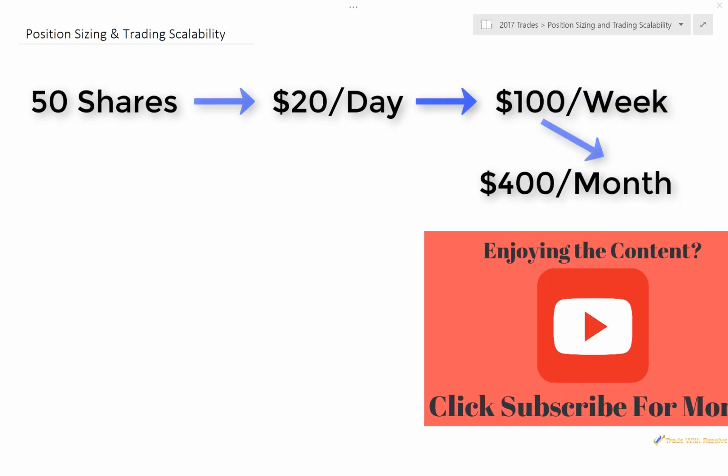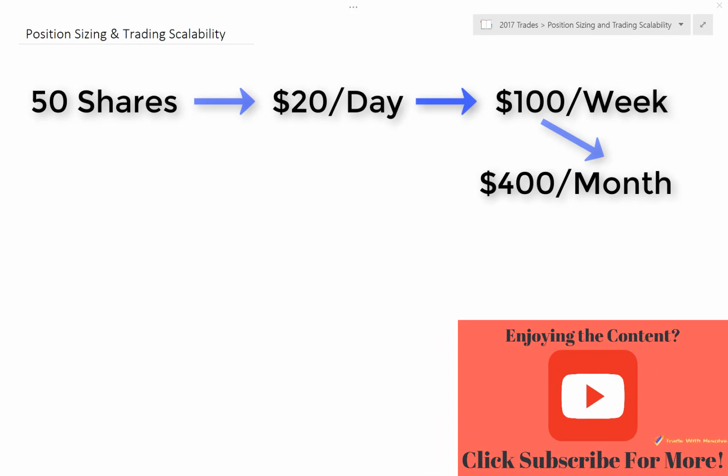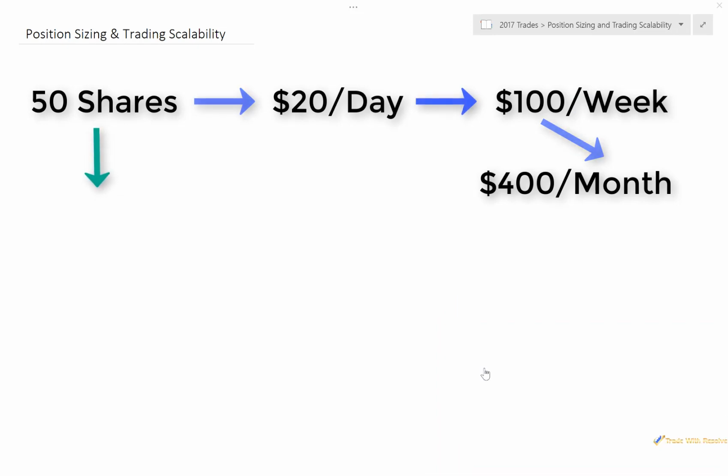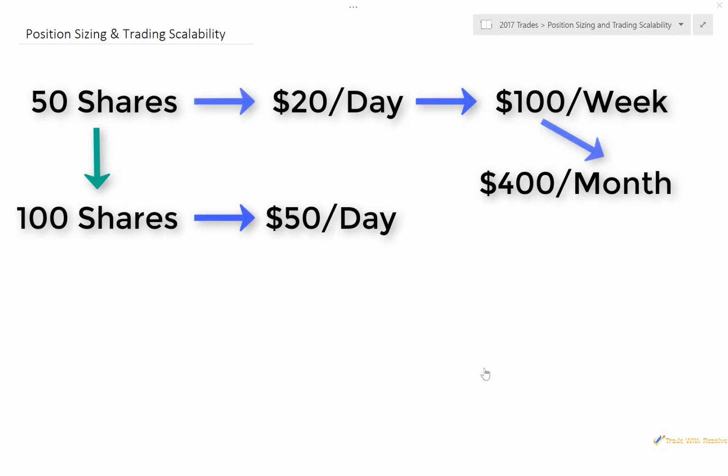So let's say you've been trading those 50 shares for a while, you have confidence, now you can increase your position size. Let's say you increase your position size to 100 shares now, and maybe those 100 shares allow you to pull $50 of profit a day from the stock market.